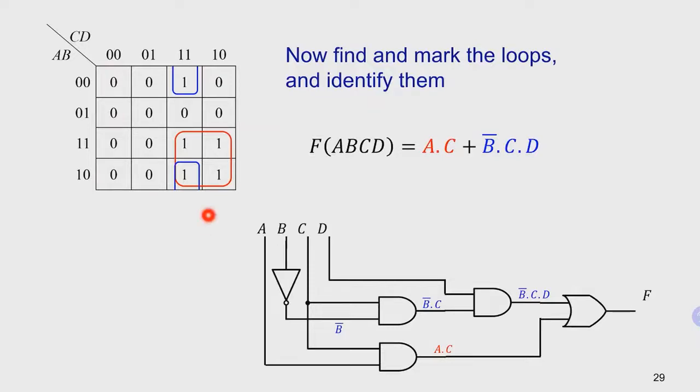In this case, if we minimize these functions, for this loop of 4, you can see that my A stays the same, my B changes from B to B prime, and then my C stays the same, and then my D changes.